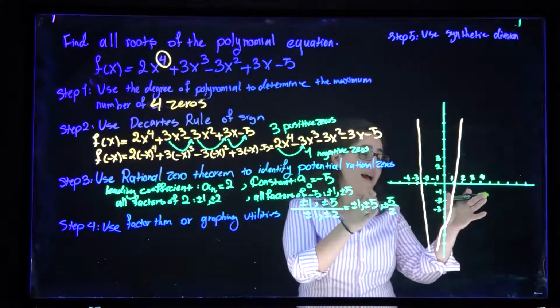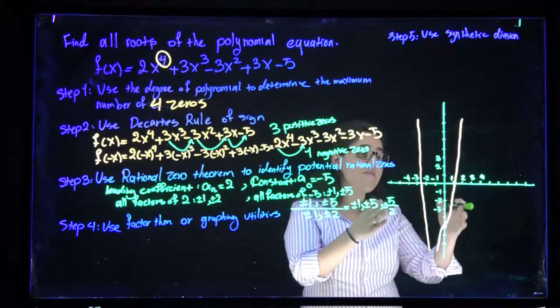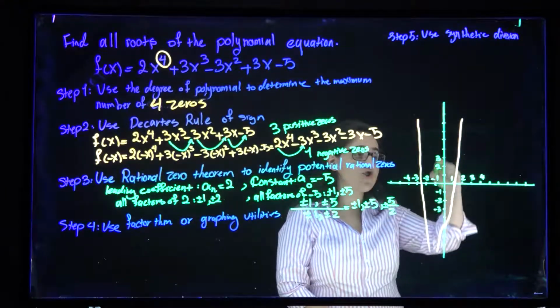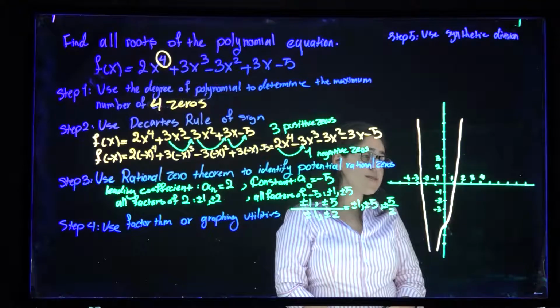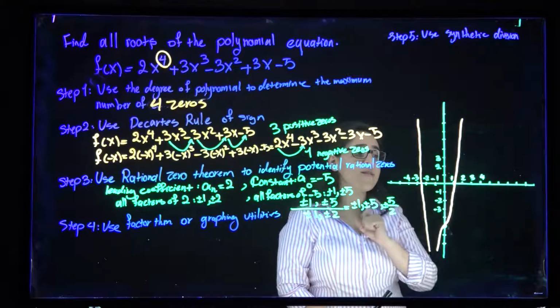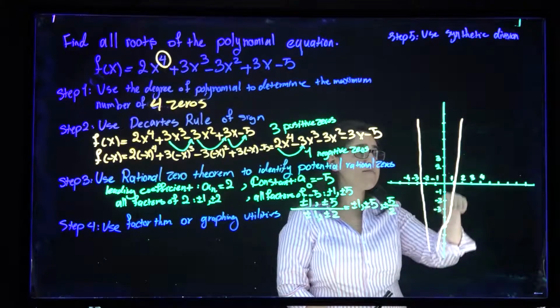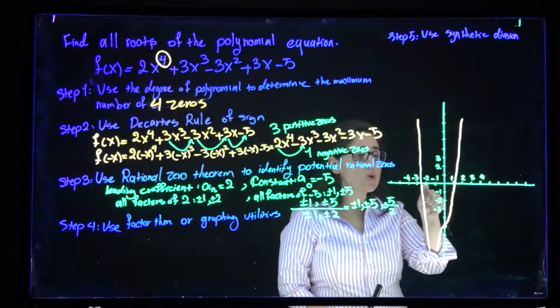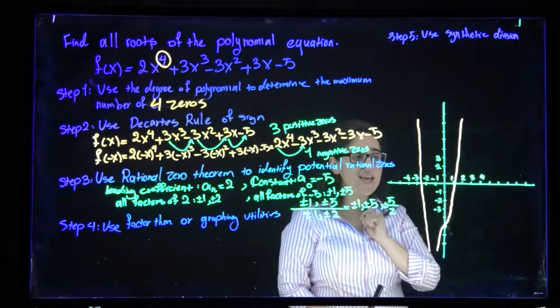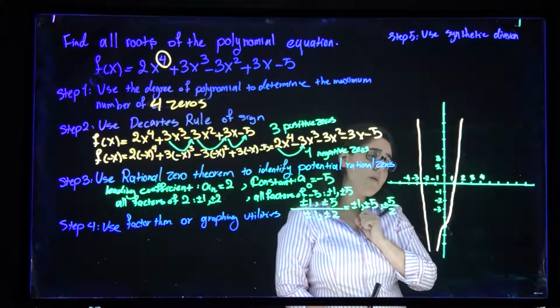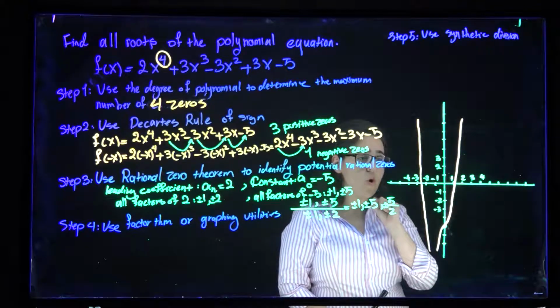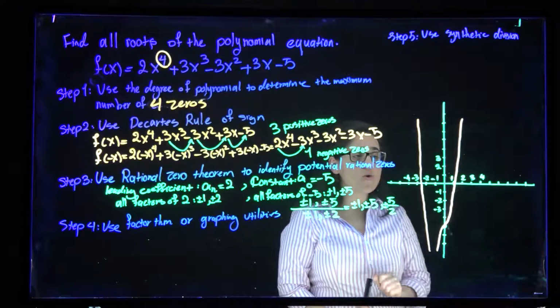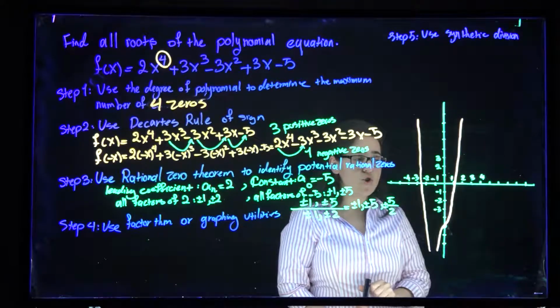So I did that, and it seems that the graph of my function has that general form. As you see, it seems that one of the zeros is 1. It seems that the graph is crossing the x-axis at 1, and also somewhere between -2 and -3. So probably one of my zeros is 1, and one of my zeros is -5 over 2.